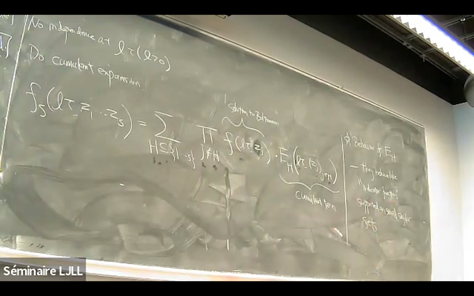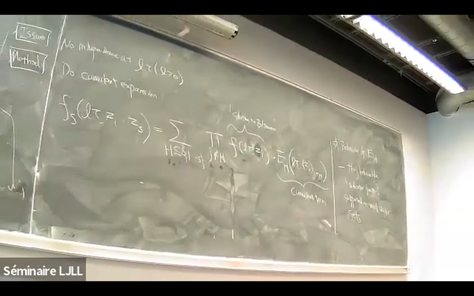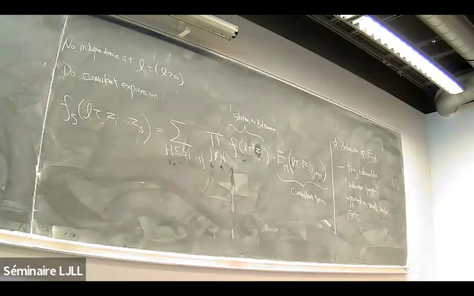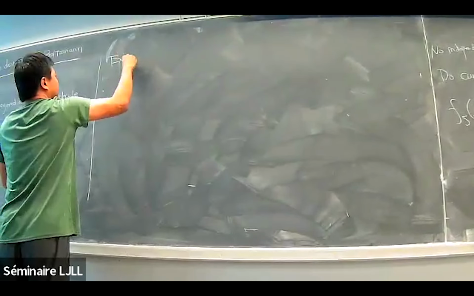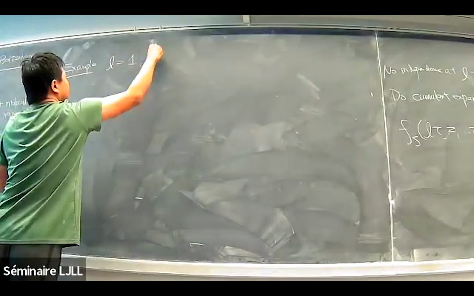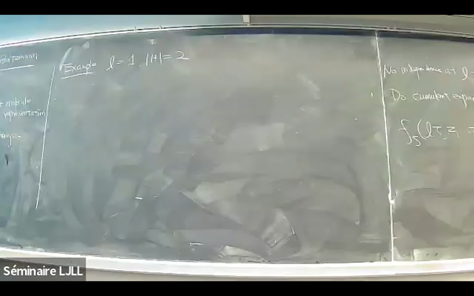So we have a cumulant containing two particles at time L tau, at time tau. When are these two particles not independent of each other?